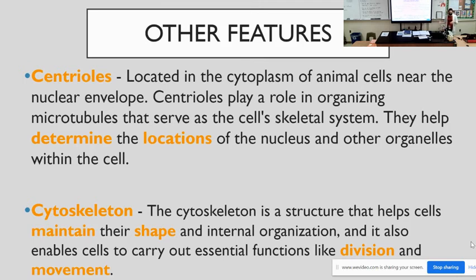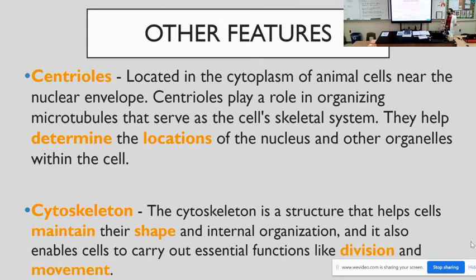And then that cytoskeleton is all throughout the cell, and it gives that shape and that internal organization where things are kind of held in place so they're not super free floating, or it keeps the shape of the cell as it moves about.